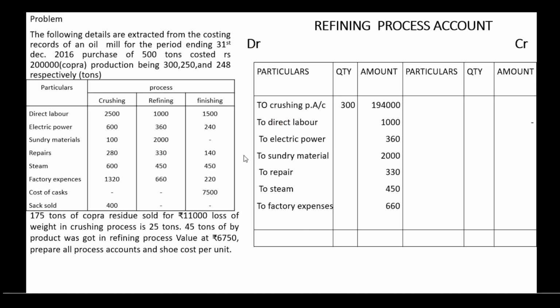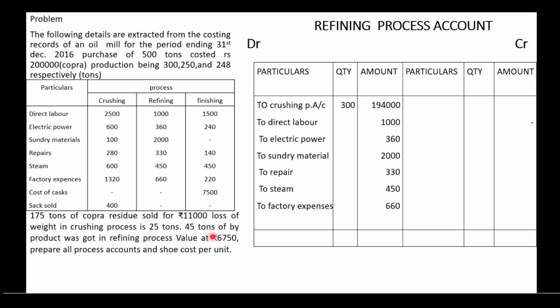And the next, that is the production, in the adjustment 45 tons of byproduct was got in refining process, valued at rupees 6,750. So 45 tons of byproduct has been taken from the refining process. What is the value of this byproduct? 6,750 rupees.